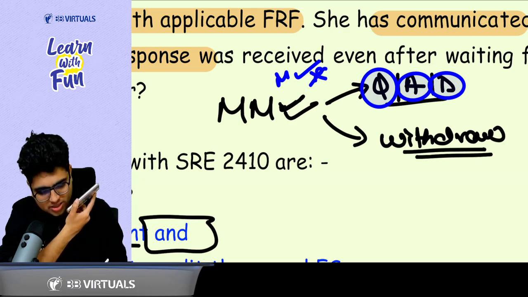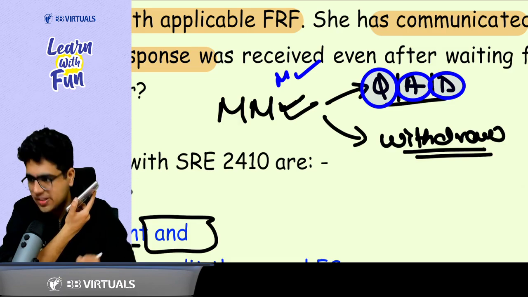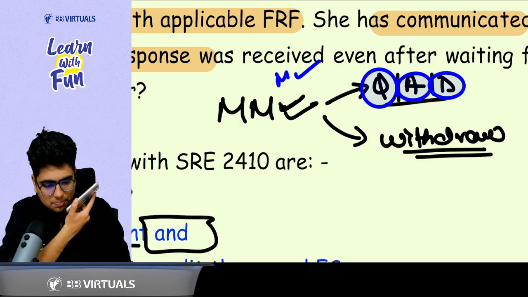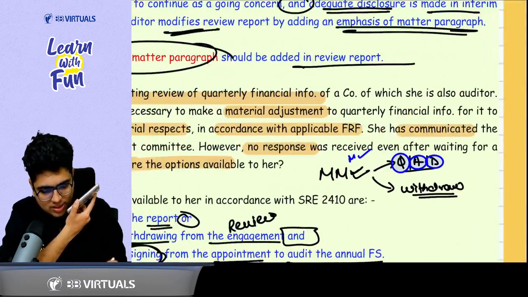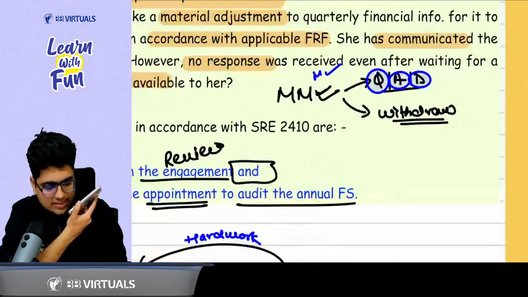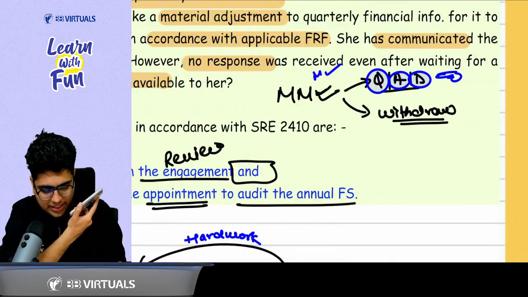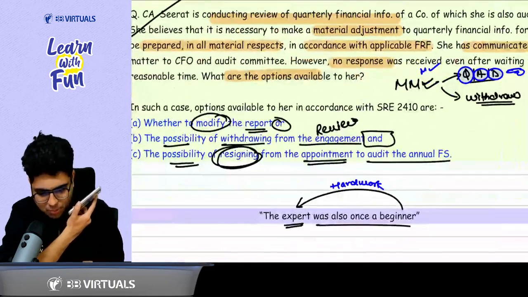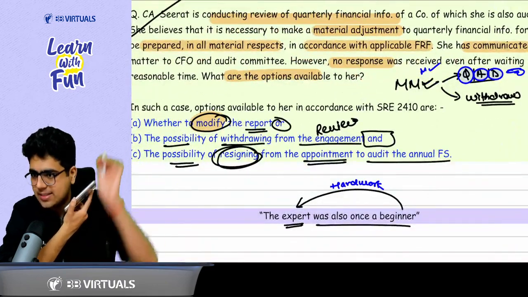We don't know. We are not aware whether it is pervasive or not. Plus, nowhere is it written that we have got sufficient and appropriate evidence. No, sir, it is not written. So that's why, instead of writing all 3 of them, they have just written one thing: modify the report. They are just playing safe.